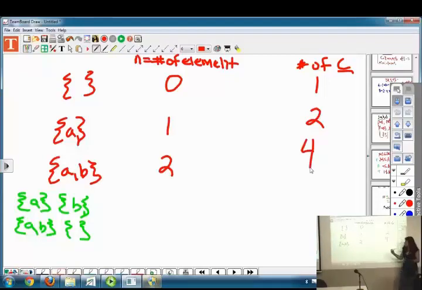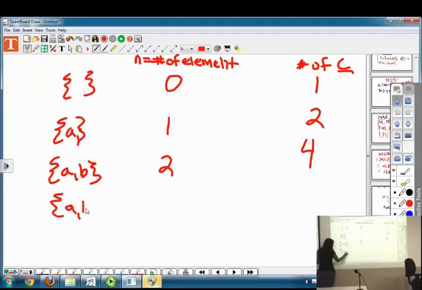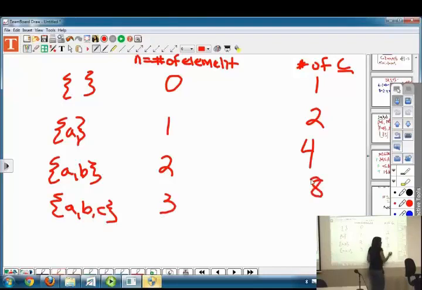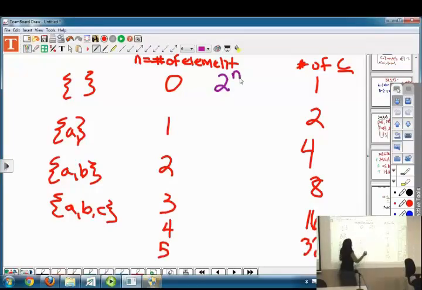3 elements we already listed out, right? When I have A, comma, B, comma, C, I have 3 elements, 8 subsets. If you follow this pattern, this increases by 2, so it's 2 to the n, is your idea.